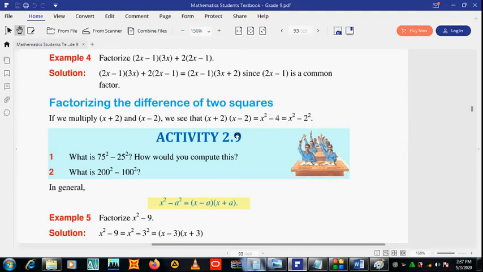In previous classes you learned about binomial expansions.